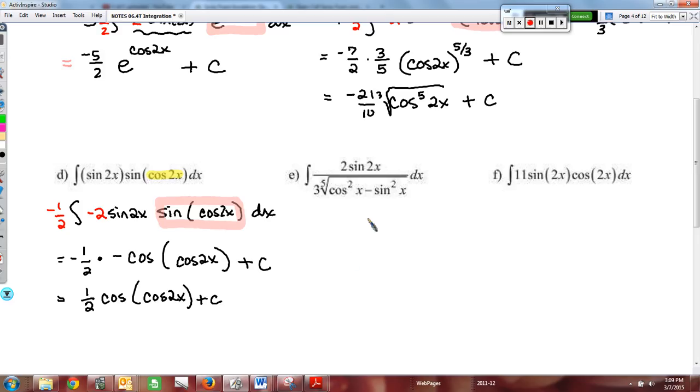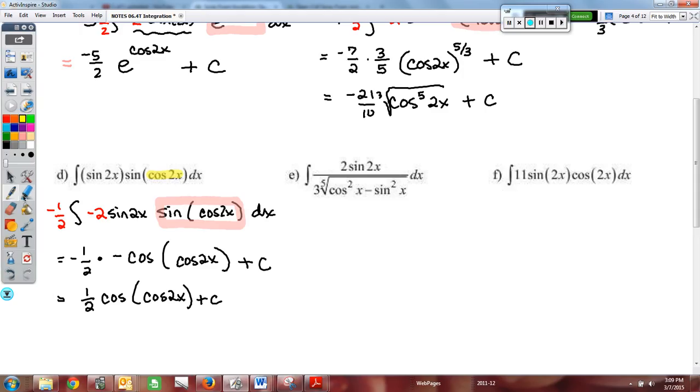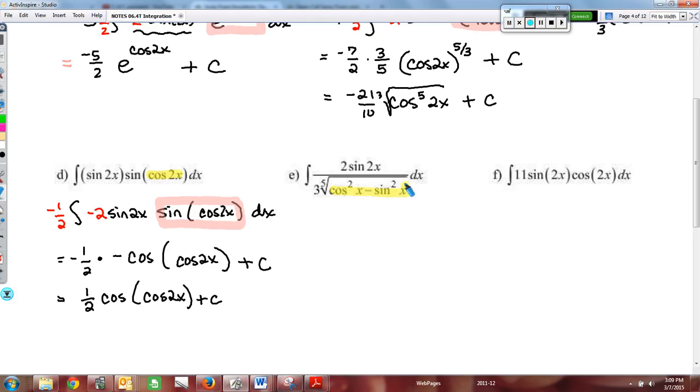All right, let's take a look at this one. Now, we might be wondering about this one. Let me take a moment and let's take a look at this function. Now, the trick here, and this is where sometimes it starts to get a little bit more challenging, is to recognize you do have an inside. The inside is this portion right here.